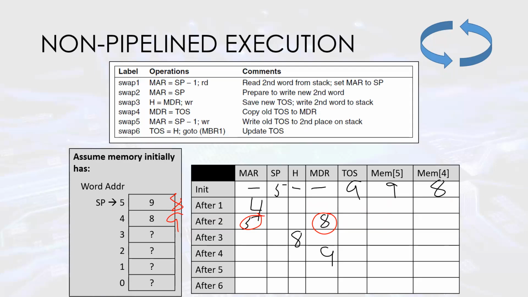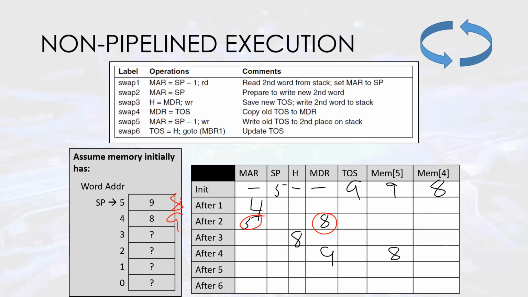So what that means is over here, memory 5, after 4, we should have an 8 in there. Okay. Anything else change this cycle? I think not, right? The only thing that changed this cycle was the MDR, because it was literally overwritten, and then that write came back.